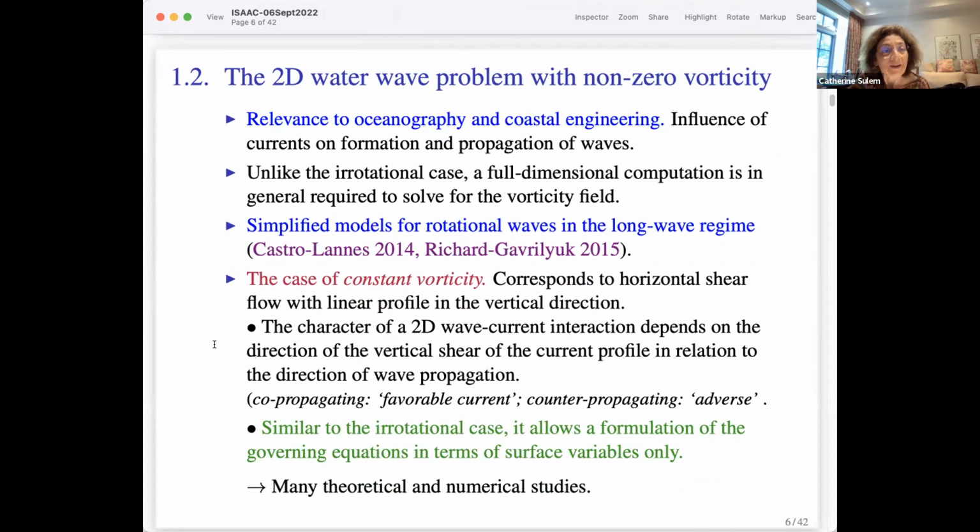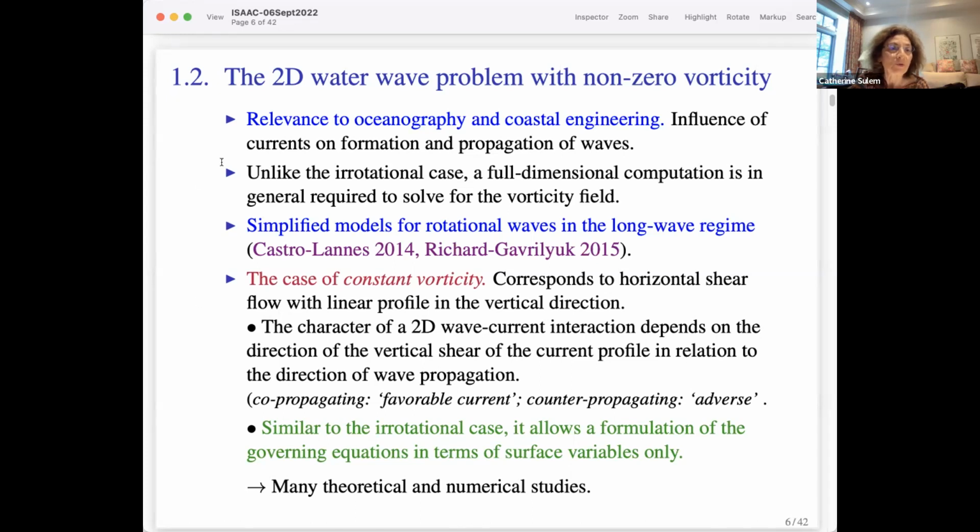Now, unlike the irrotational case, a full dimensional computation is necessary to solve the vorticity field. One has to couple this evolution of the surface waves to quantities inside the domain.